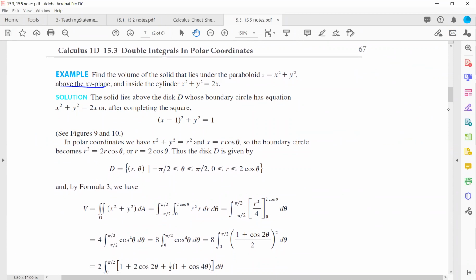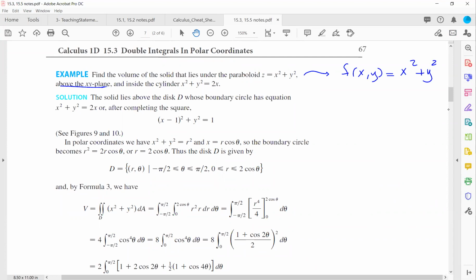First of all, identify your two variable function. This is your f of x and y: x squared plus y squared. Then start finding the area over which you are taking the integral.